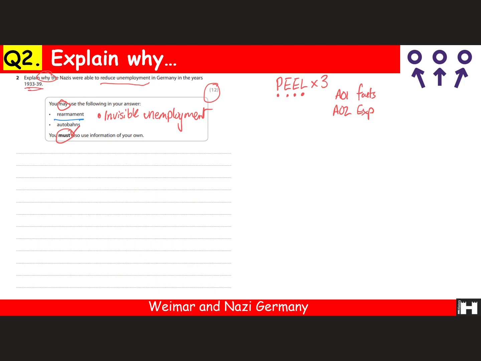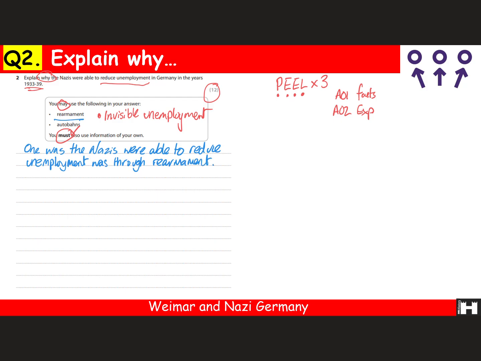Okay, so again, the nice simple structure, we just repeat back the question. One way the Nazis were able to reduce unemployment was through rearmament.